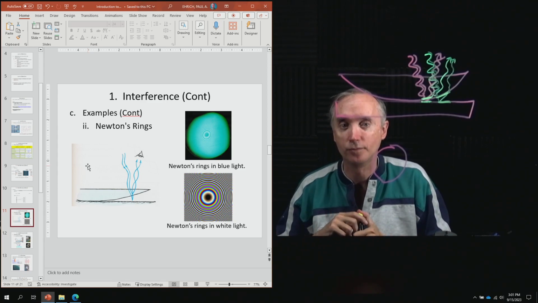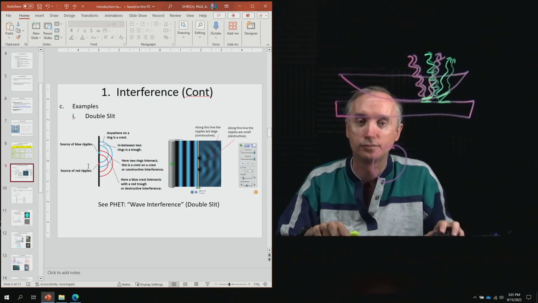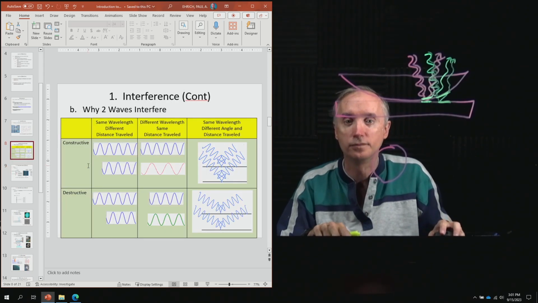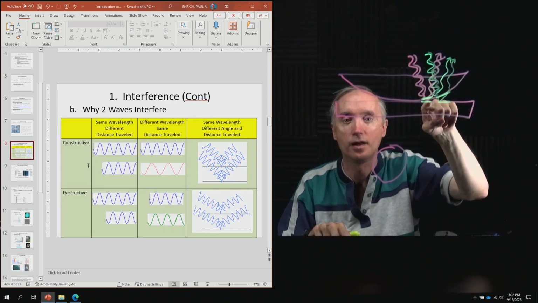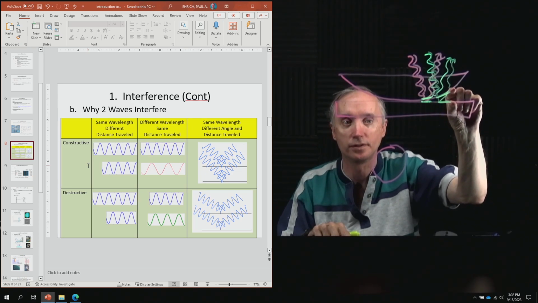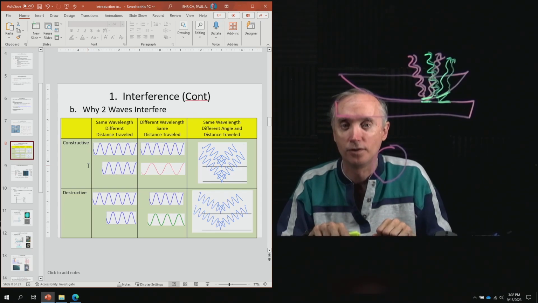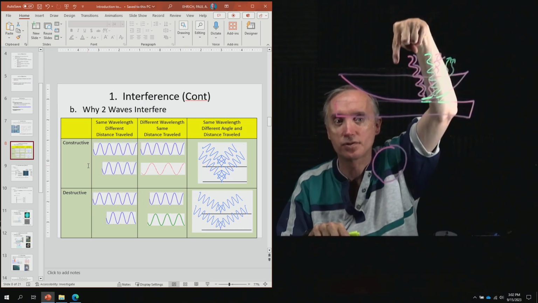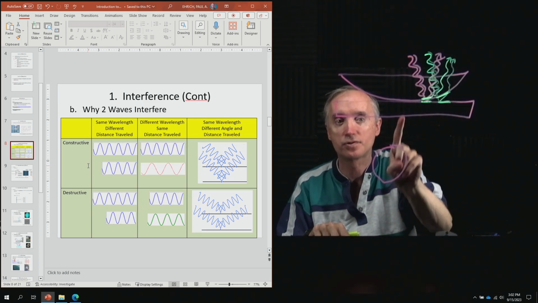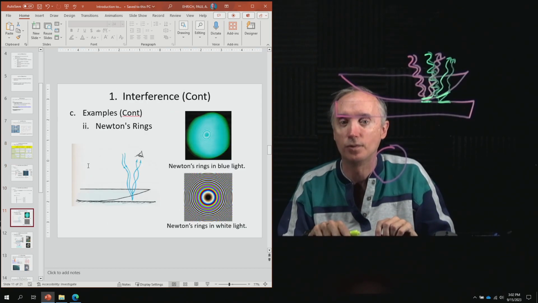Well, does that sound familiar? So again, if we go back to here, it depends on the wavelength of the light, and it also is going to depend something having to do with distance. What about the angle? Well, the angle this time is 0 because it's going straight down and it's going straight back up. So there is no angle involved in this situation.